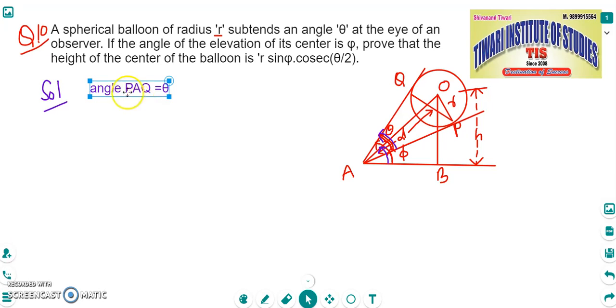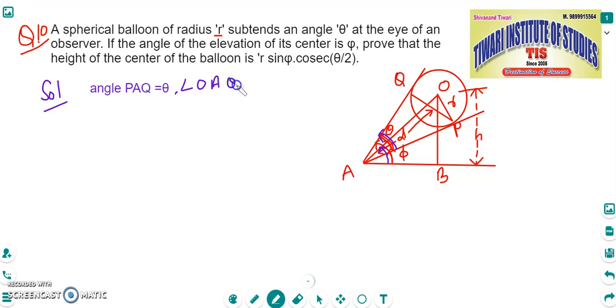If PAQ is theta, that means angle OAQ will be equal to OAP, and that will be equal to theta by 2.